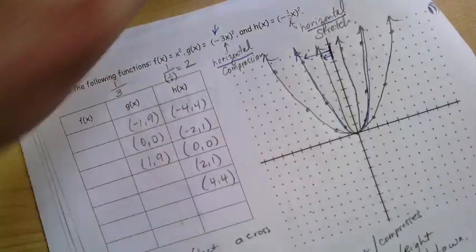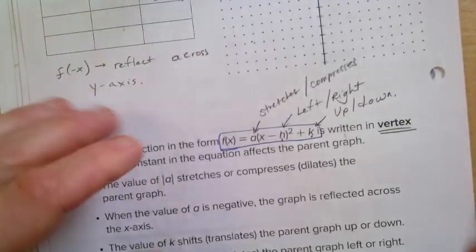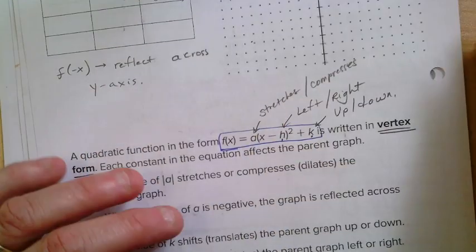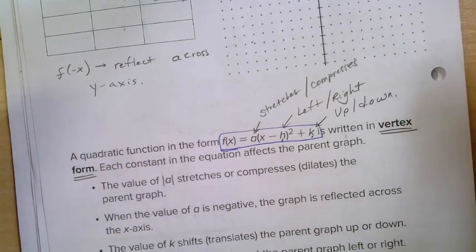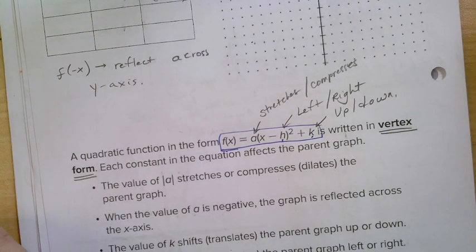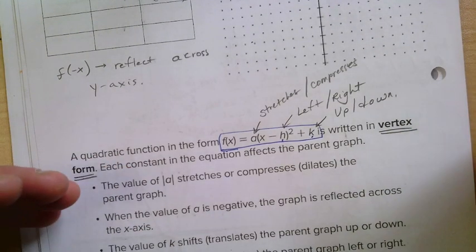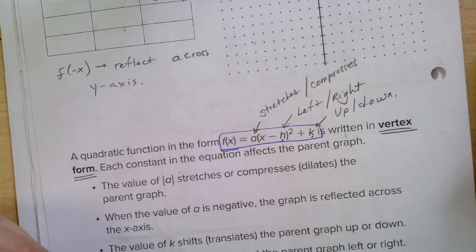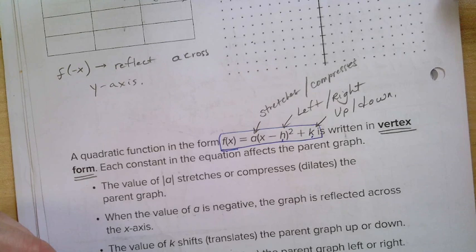Now, as far as the a value is concerned, since it's outside the parentheses here in the vertex form, it's only a vertical compression or stretch. Or think about it this way, it's growing at a growth rate of whatever the a value is, okay? So if that a value is between 0 and 1, then it slows the growth rate, and it's going to be a wider parabola.